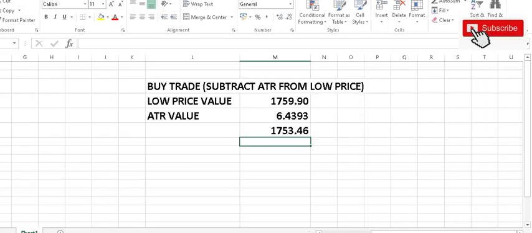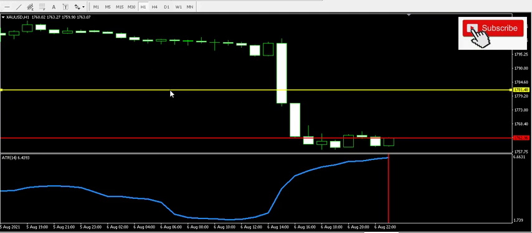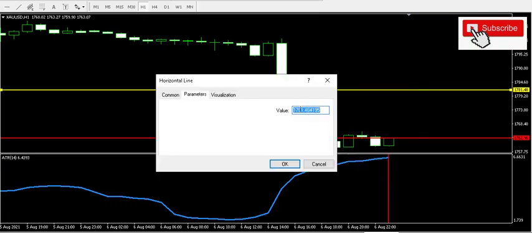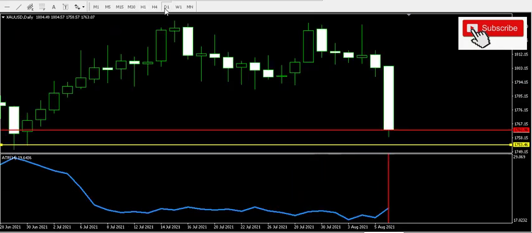That should be 1753.46. So if I place a buy trade at that level, my stop loss should be at 1753.46. Going to the daily time frame, you see this is where my stop loss will be.